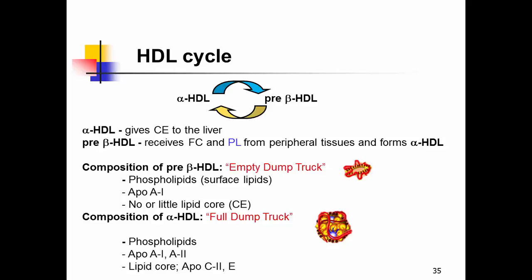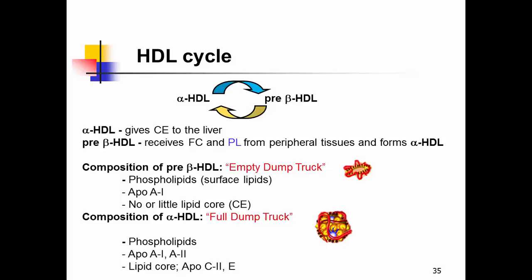So for example, beta HDL is what some people call the empty dump truck. That means the beta HDL only contains phospholipids, monolayer phospholipids, and the ApoA1 apoprotein. There are almost no lipids inside, no lipids in the core.